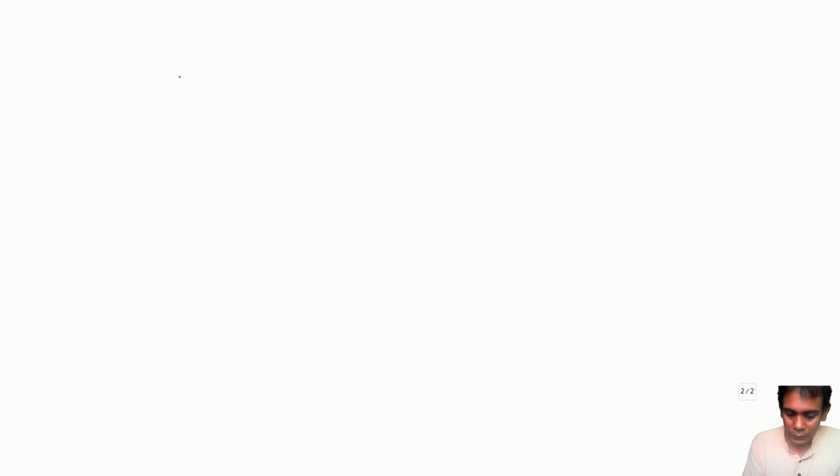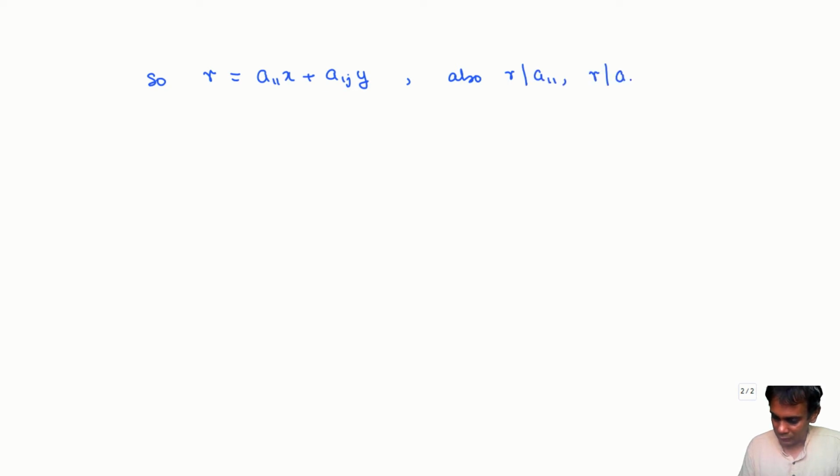So R lies in the ideal generated by A11 and A1j. So we have that R is equal to A11 times X plus A1j times Y, and also R divides A11 and R divides A1j.